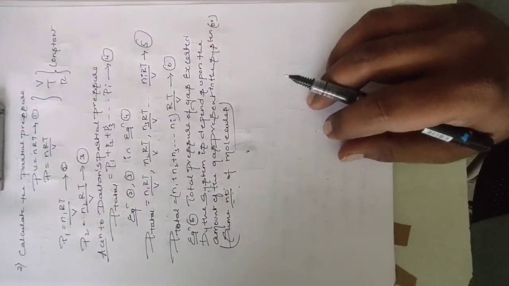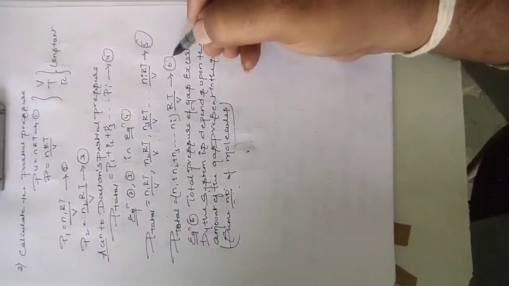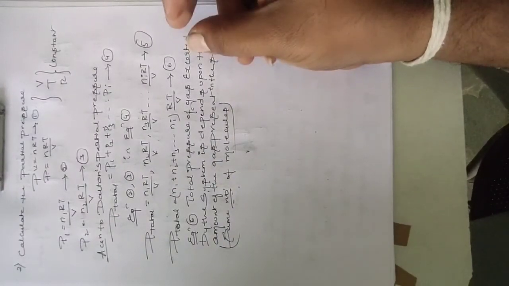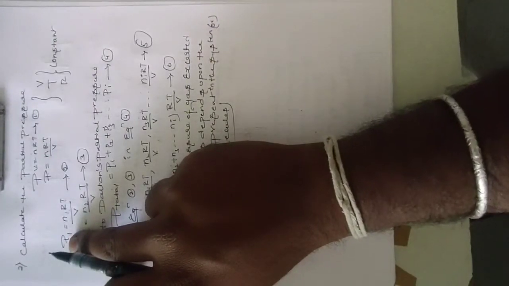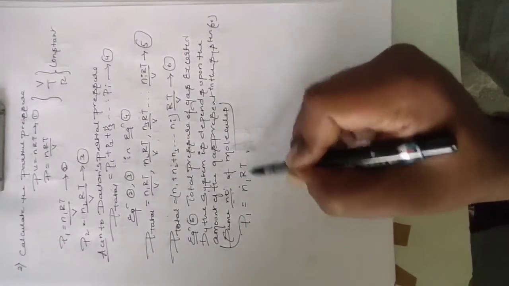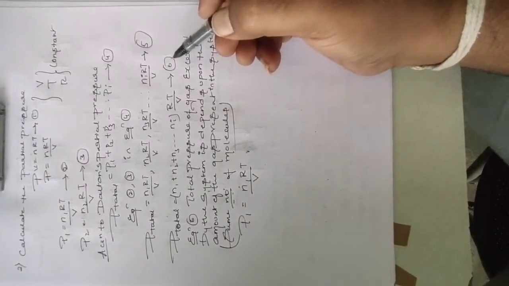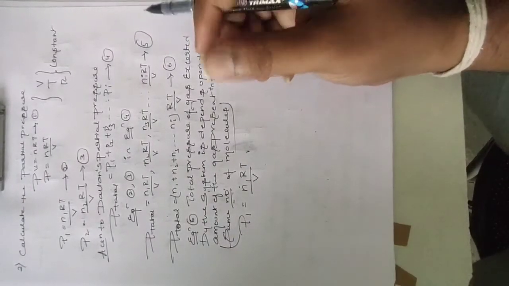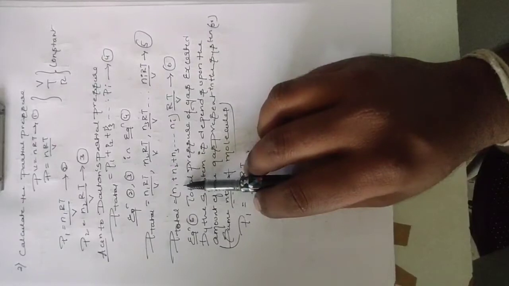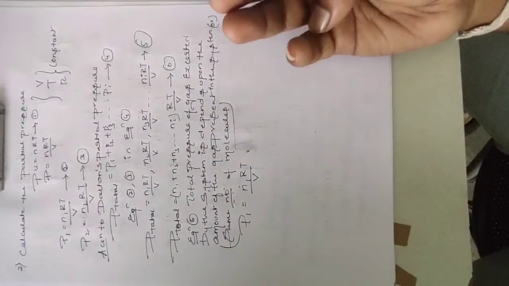Okay, next you see, while applying this, equation number 6 and equation number 1, equation number 2. Equation number 2 is P1 equals N1 RT by V. The sixth equation gives the total pressure in terms of the number of molecules, ideal gas constant, temperature and volume.